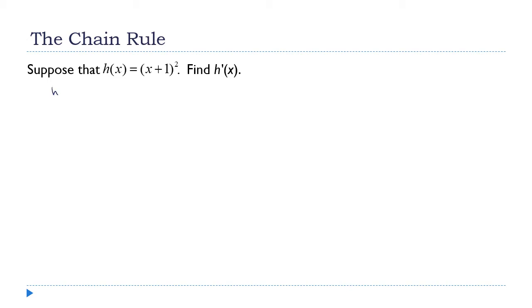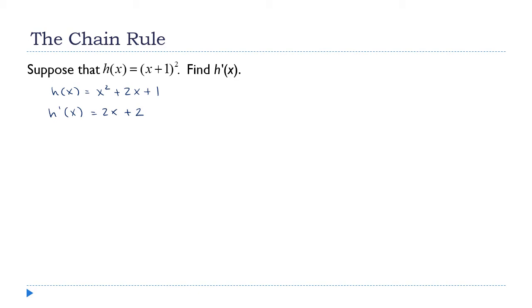Right, h of x, if I multiply this out, this is x squared plus 2x plus 1. Then using our power rule, h prime of x is 2x plus 2. All right, now let's do it the other way. Let's use our chain rule. First, to use the chain rule, I have to split this up. I have to have an inside function and an outside function.